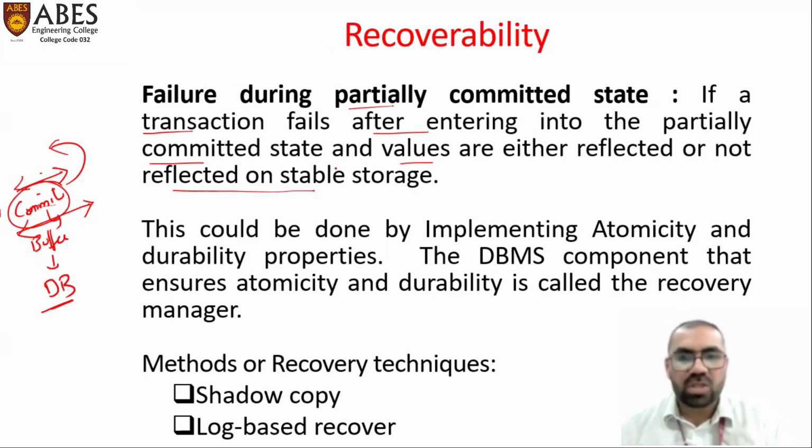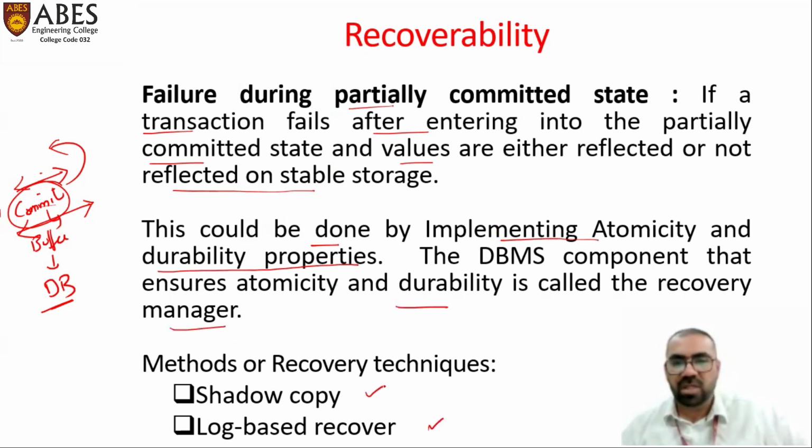This can be done by implementing the atomicity and durability properties. These two ACID properties ensure this doesn't happen, and if it happens, how we can prevent the inconsistent database and maintain concurrency. The DBMS component that ensures atomicity and durability is called the recovery manager. We have the shadow page and the log based methods.